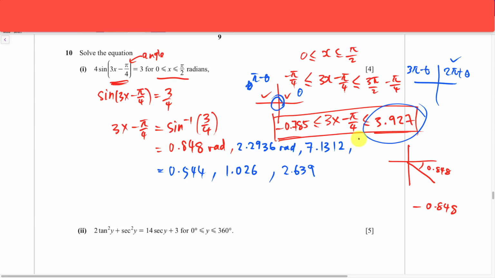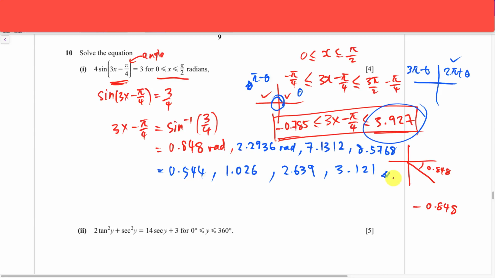So I will do 3 pi minus the angle here, so it will be 3 pi minus 0.848. So I will get 8.5768. Then this value I will plus pi over 4 and divide by 3. Oh, it's still within the range, so I will add one more, sorry.